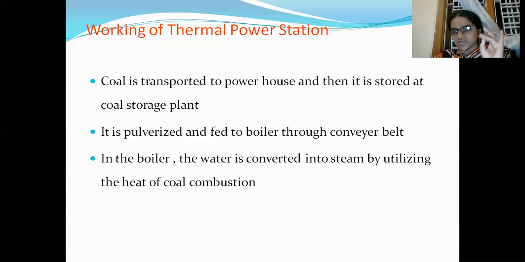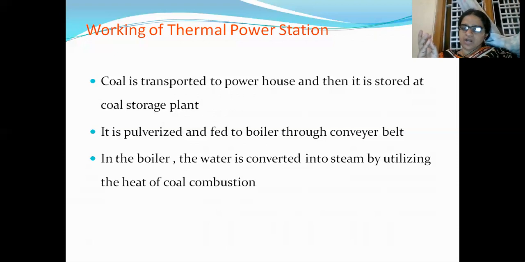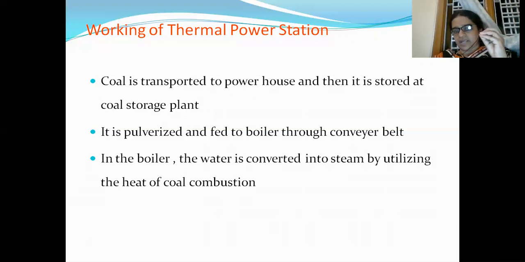As we are generating heat, or thermal energy, by heating the water and converting it into steam, we need water, and in order to convert water into steam, we require coal. So in the boiler, the water is converted into steam by utilizing the heat of coal combustion.